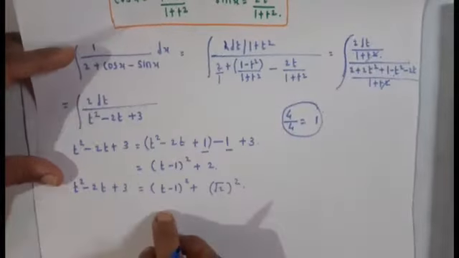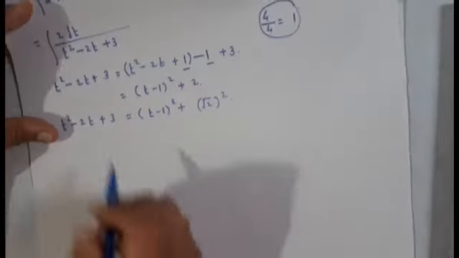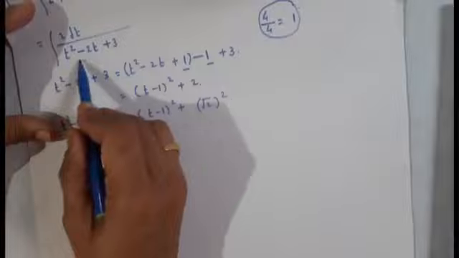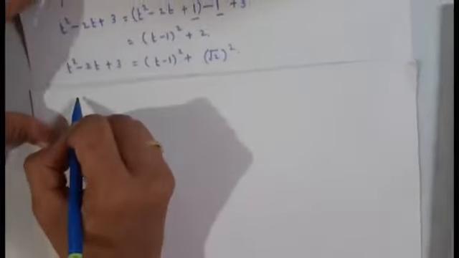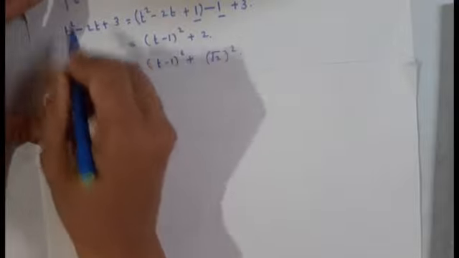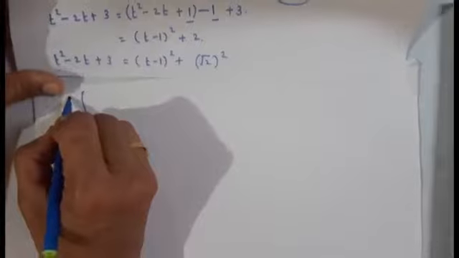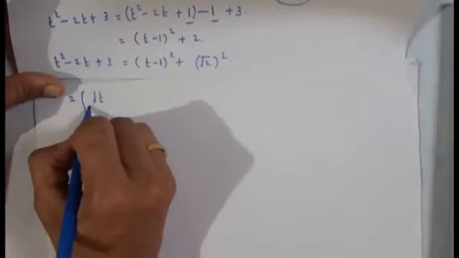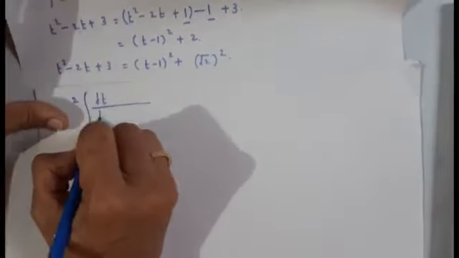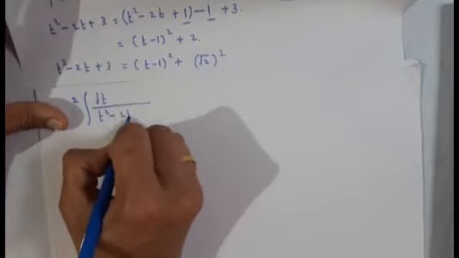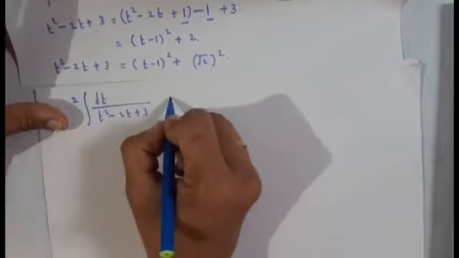Okay, this is the adjustment of the term. And therefore in the integration, take this constant 2 outside of the integral, that is 2 dt upon the integration of t square minus 2t plus 3 with respect to t.